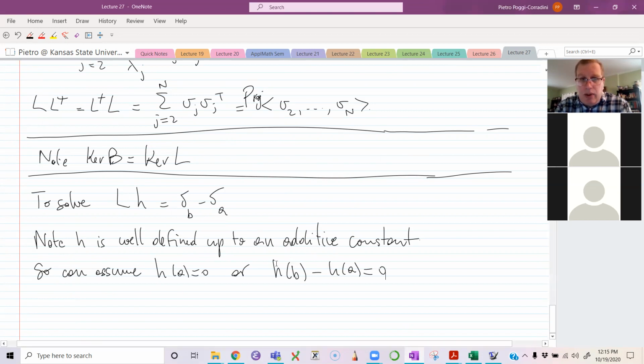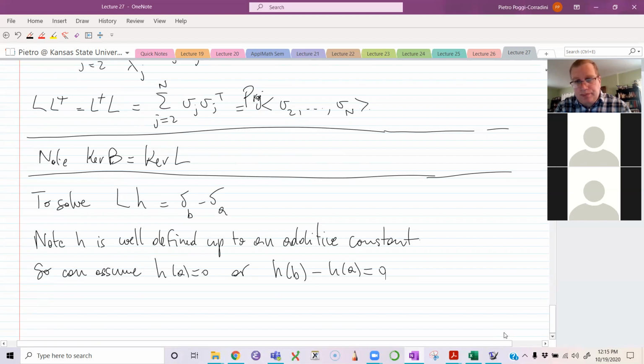And if you do it in that way, then H belongs to this space here, V2 through Vn, because it's going to be orthogonal to the constant function 1.